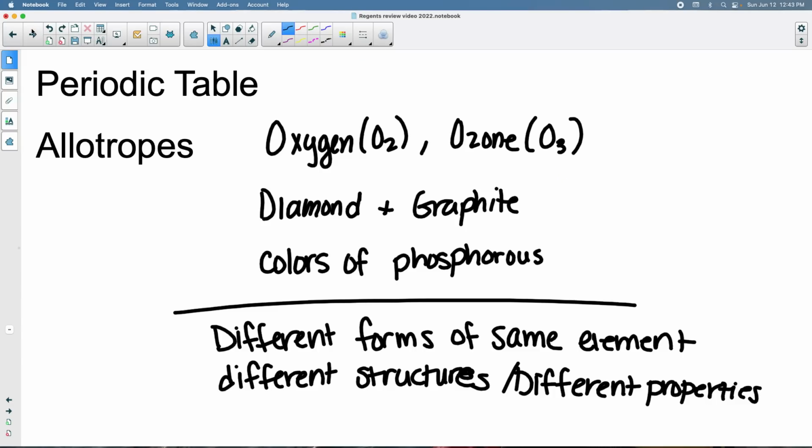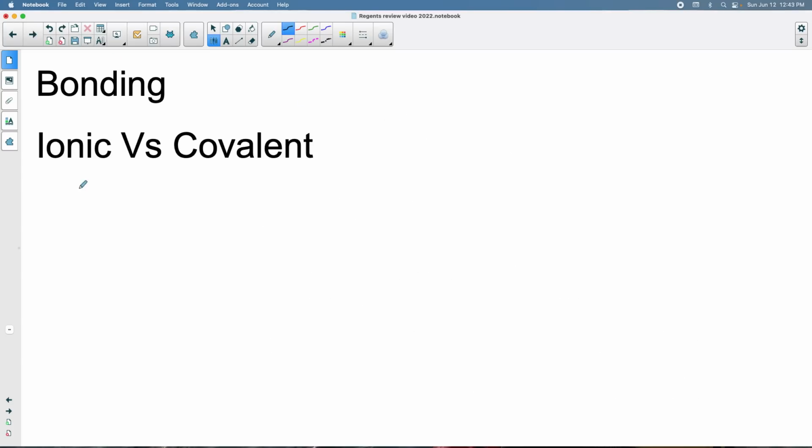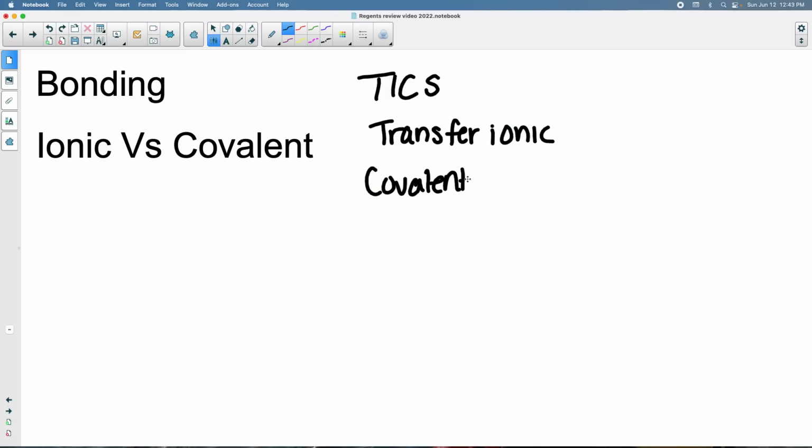Bonding, ionic versus covalent. Remember, TICs: transfer, ionic, covalent, share.